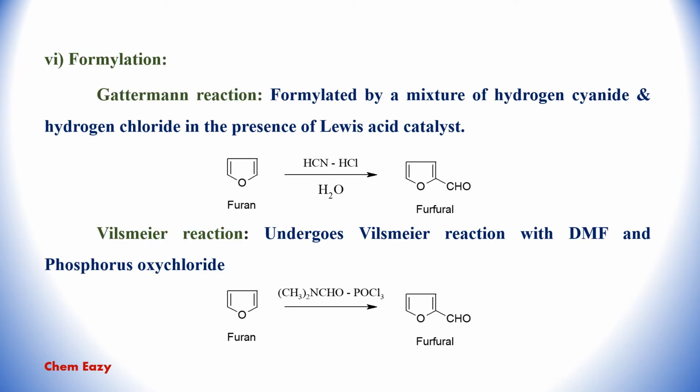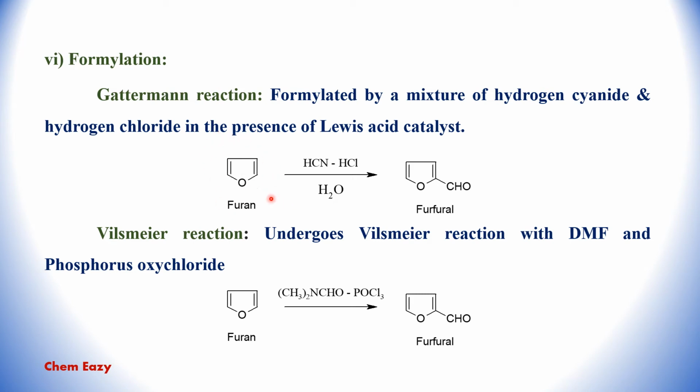Next one is the formylation reaction. This is the last reaction under electrophilic substitution reactions of furan. Furan undergoes the Gattermann reaction with a mixture of hydrogen cyanide and hydrogen chloride in the presence of a Lewis acid catalyst. You can see the reaction.